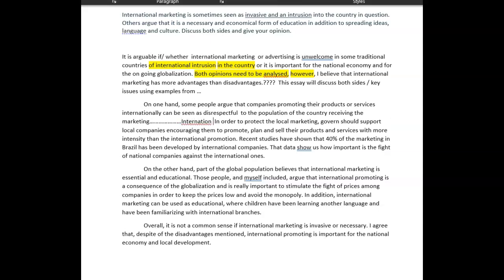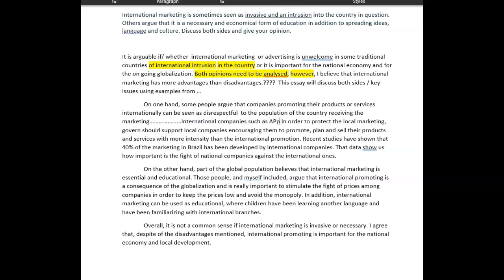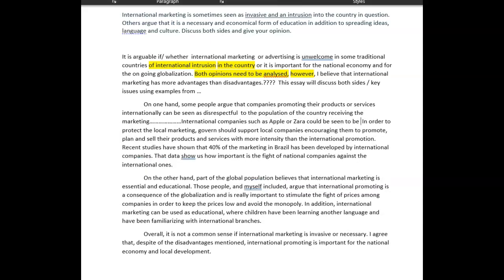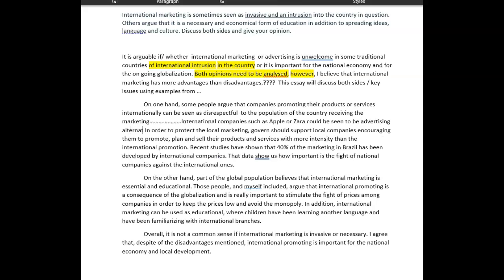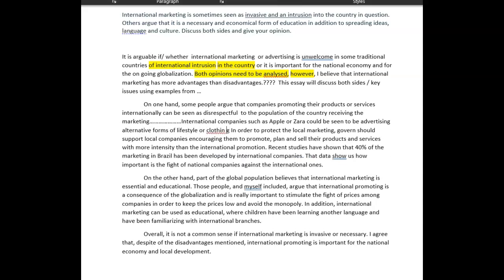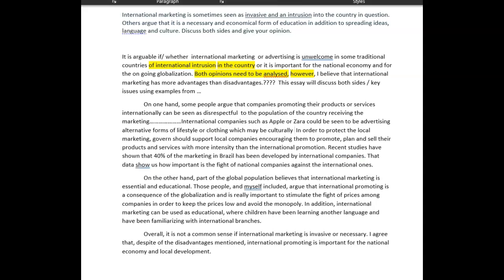International companies such as Apple or Zara clothes or something could be seen to be advertising alternative forms of lifestyle or clothing which may be culturally unacceptable, something like that.